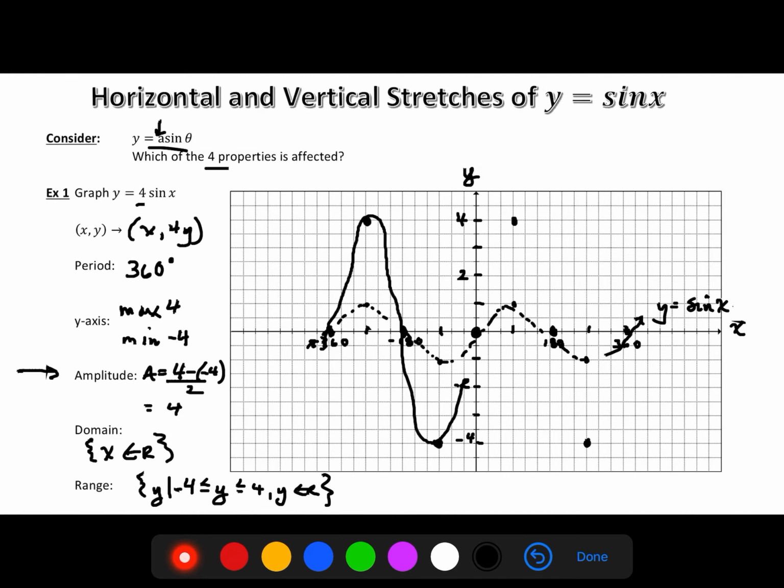Again, we make sure that we're graphing a nice, smooth curve. I'm sorry, mine isn't great because of writing on the tablet. But we still have the same period, 1 cycle in 360, but now we have 4 times taller, and we have our graph of y equals 4 sine x.